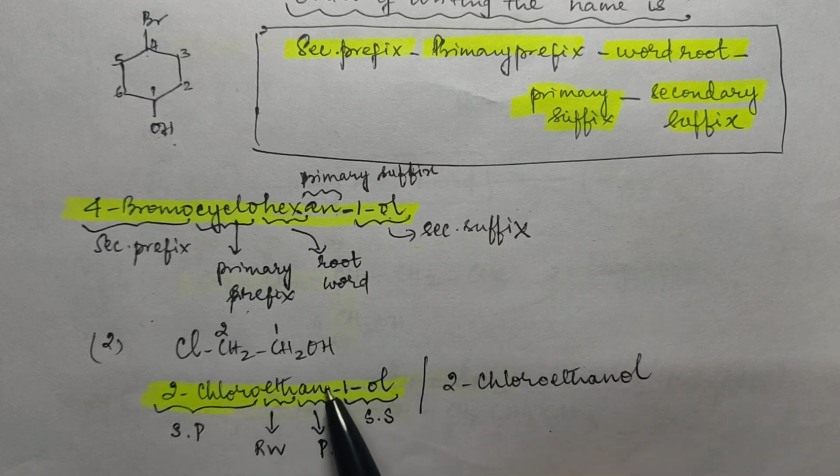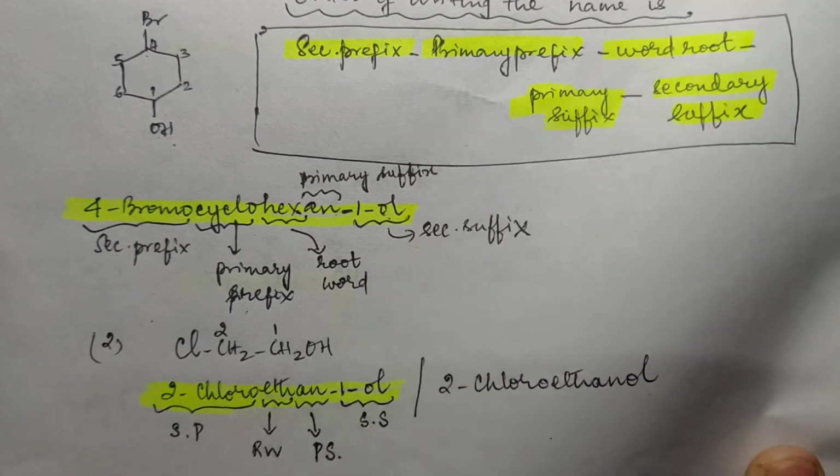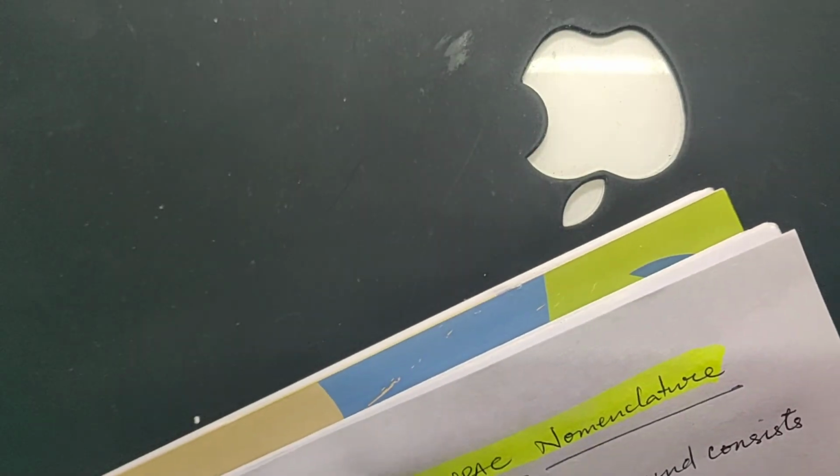So E will not come here. So you will write it as 2-chloroethan-1-ol or 2-chloroethanol. You may put this one, you need not put this one. It is your wish. Okay. But there is nothing wrong in going systematically. Now let's come to the next one.